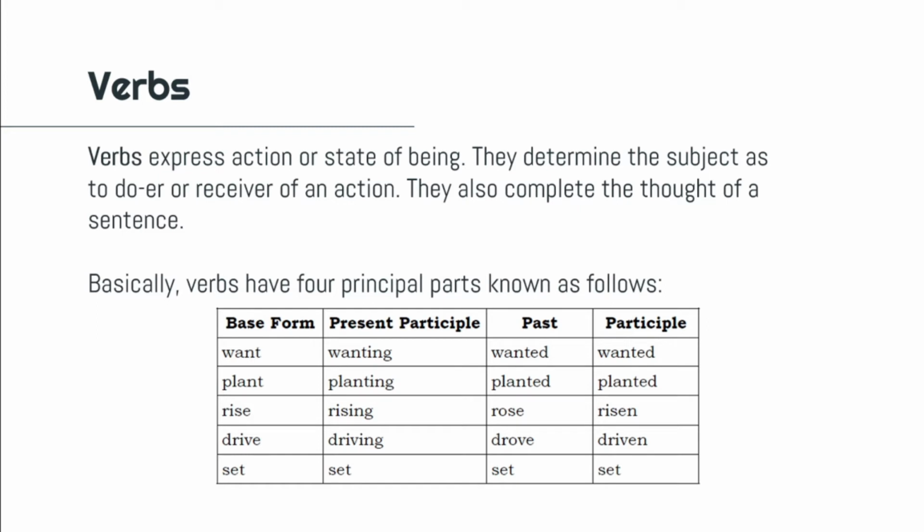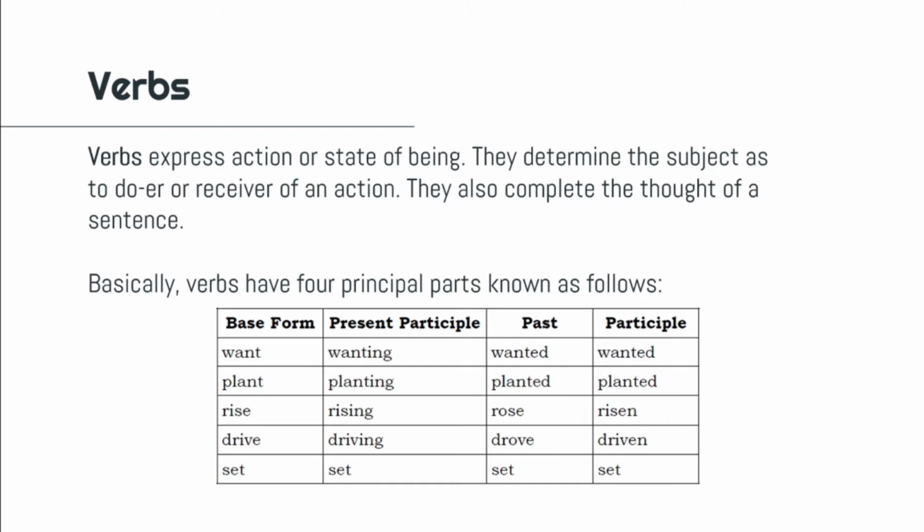Basically, verbs have four principal parts: the base form, the present participle, the past, and the past participle. Let's have the word want in the base form. Its present participle is wanting, and wanted for the past. Same with its past participle, which is wanted also.